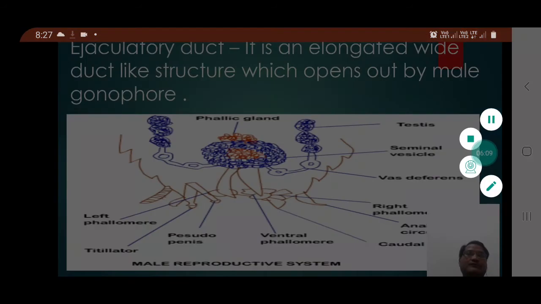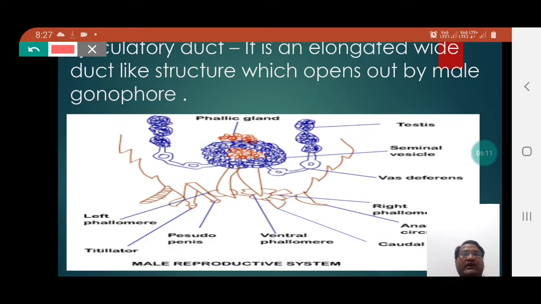So students, the ejaculatory duct actually receives the sperm from the seminal vesicle and further transports it to the male gonophore. The ejaculatory duct actually is an elongated, wide, duct-like structure.